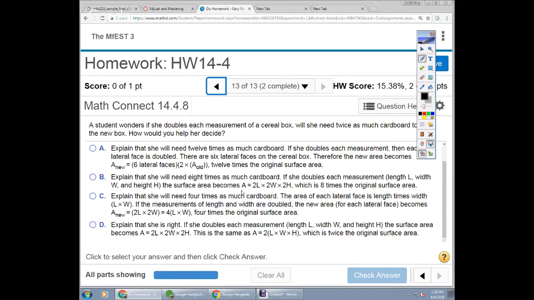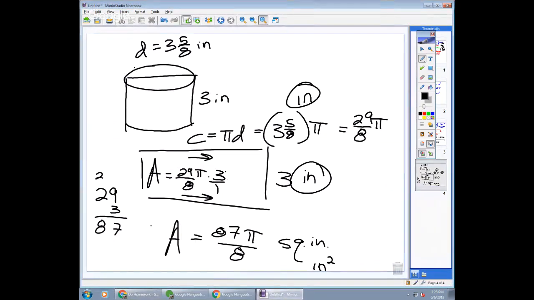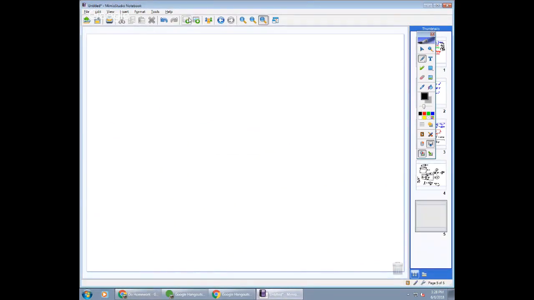So they give a bunch of explanations here. One of them is right, and the others are either almost right or very wrong. So just think about that for a minute. Draw a rough sketch of a cereal box. This is number 13. Do your best artistic rendering of a cereal box.